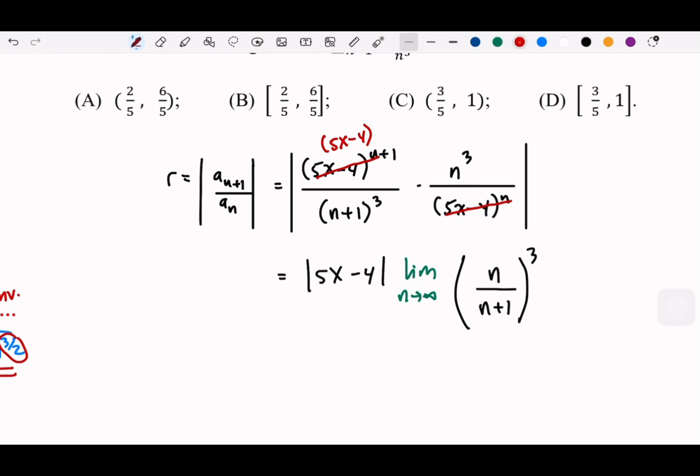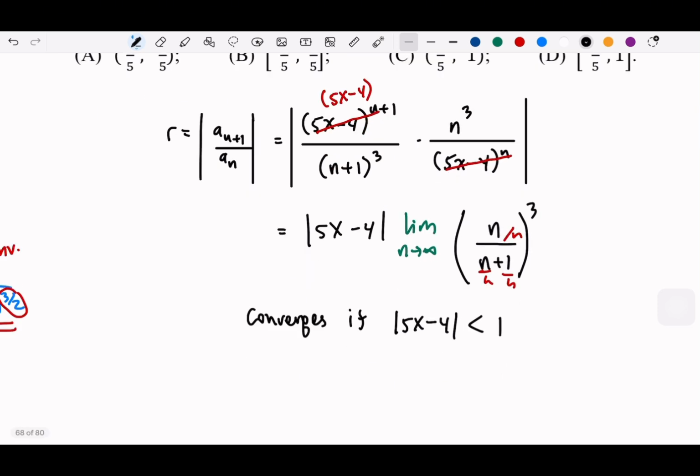We can take this over n, over n, over n. This is 1, right? So it will converge if this 5x minus 4 is less than 1. So you have a sense that we might have the interval now.